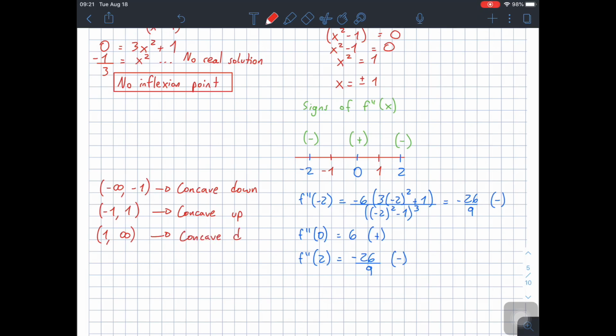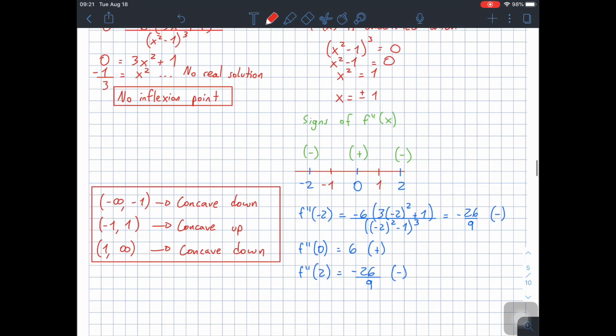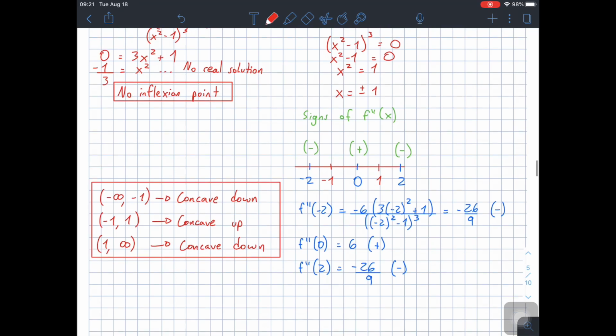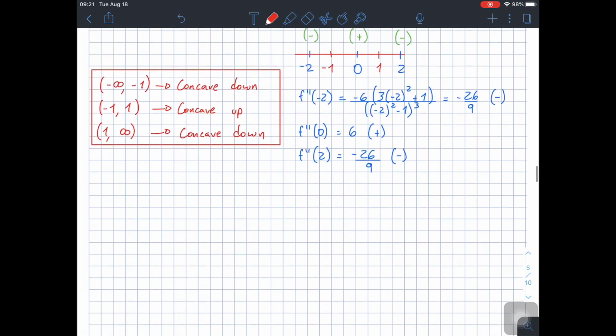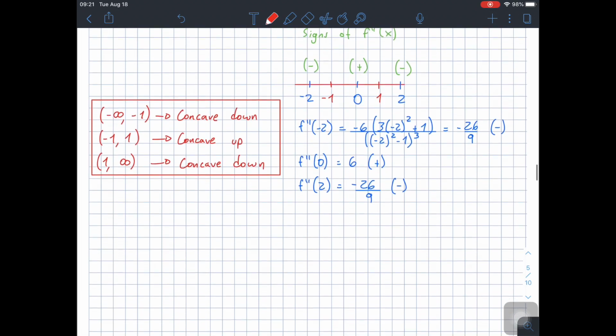Okay, so we have no inflection point for this case, but we have changes in concavity. We're going to see later on when we sketch these graphs why that is occurring, okay? But for now, we're only analyzing the second derivative criteria.